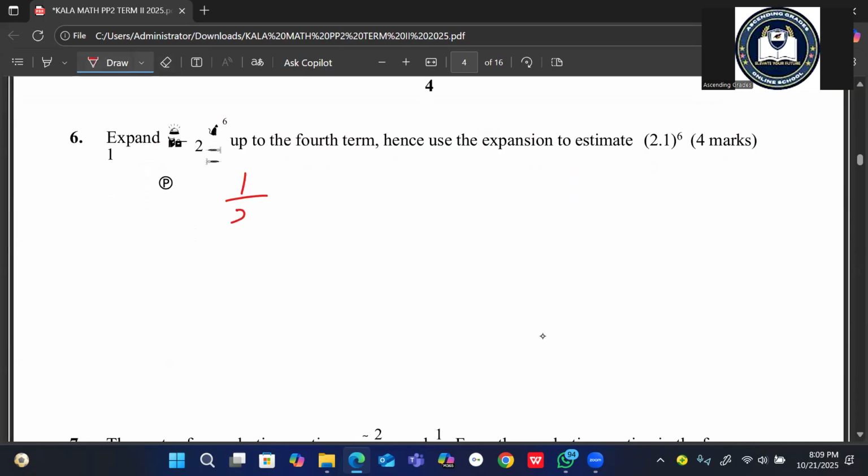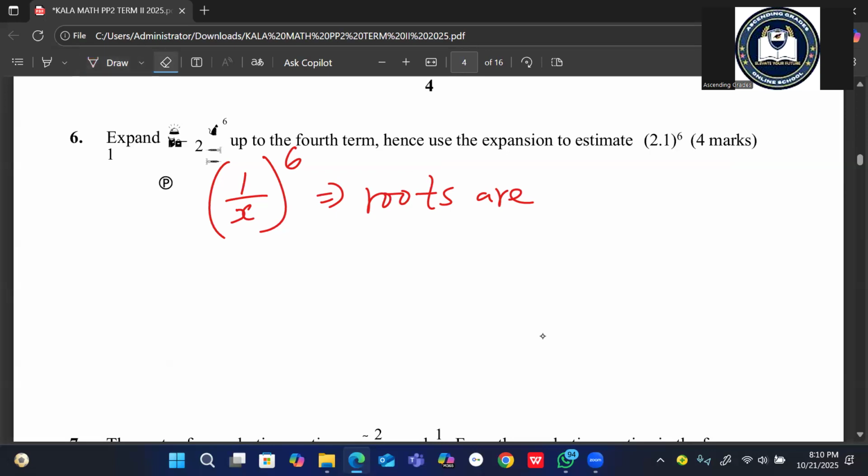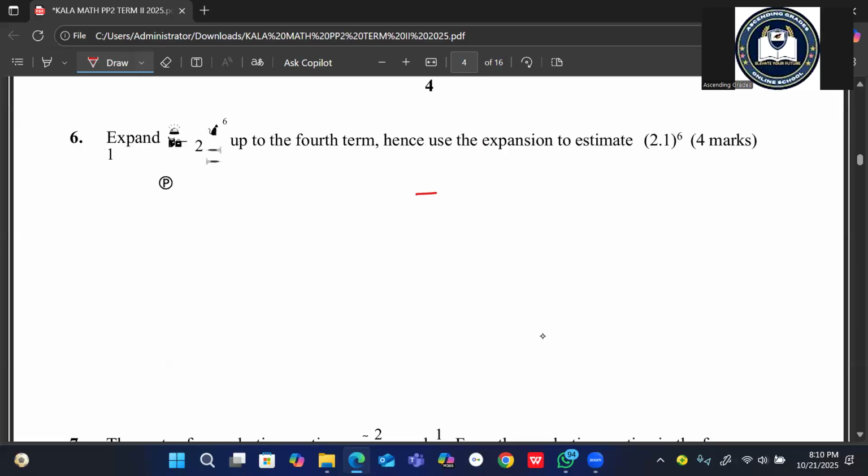The question is expand 1 over x plus 2 power 6 up to the 4th term.